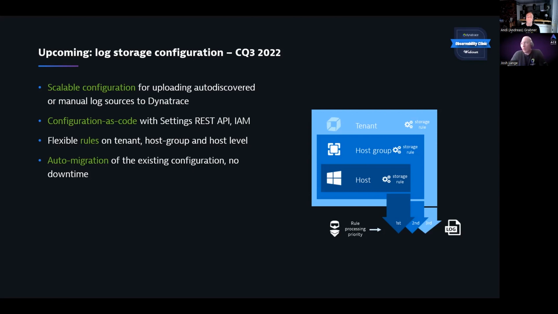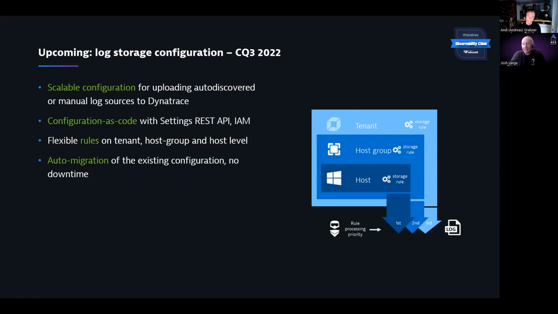So scalable configuration for uploading auto-discovered or manual log sources when you need to change which sources of log. As for configuration as code, as Andy mentioned earlier, we're very heavily focused on APIs and being able to configure these settings as code. So this is all going to be API driven, as well as a UI option.